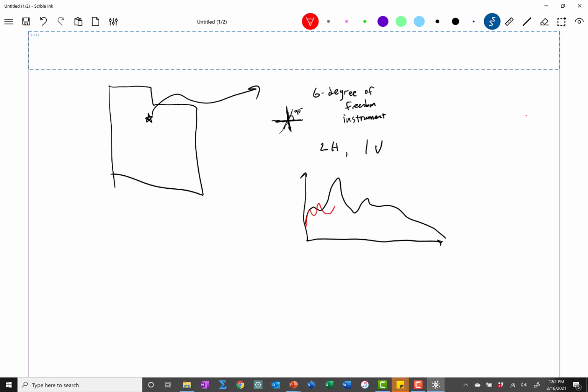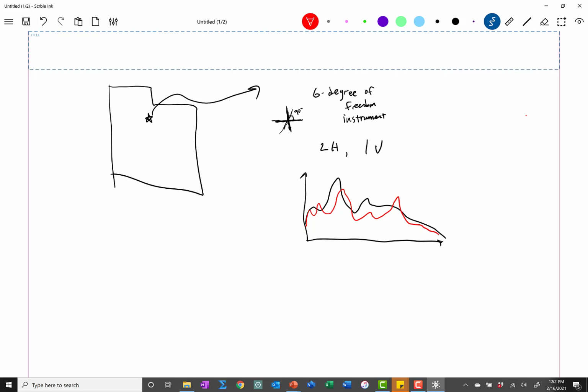I might get a response spectrum that looks like this. They're going to be different, and that's because the waves are dependent upon the orientation of the waves, and the orientation of the instruments recording them. So different orientations have different responses.